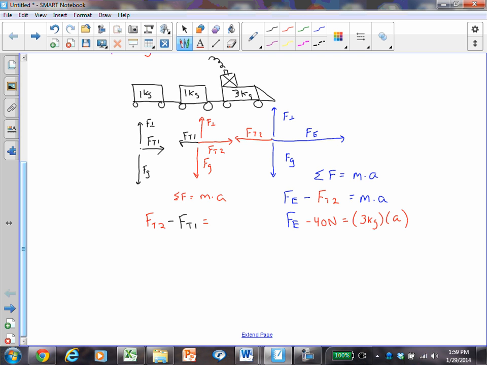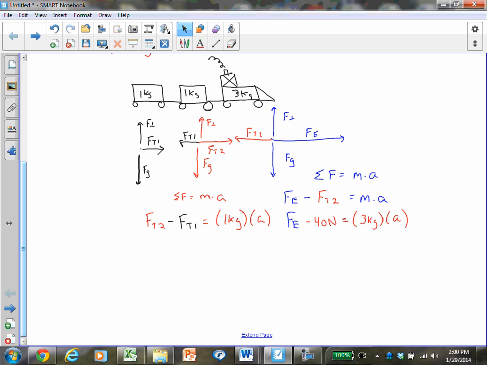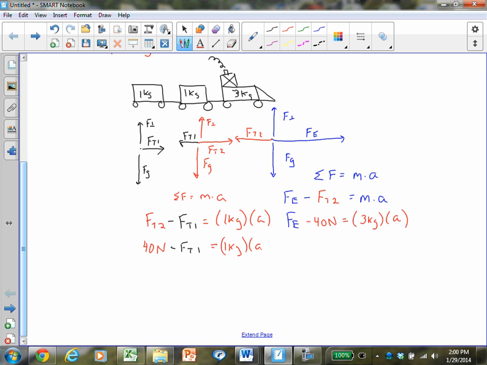It's a mass of 1 kilogram times A. Now from that, we know that FT2 is 40 newtons. We don't know what FT1 is. We have 3 unknowns and 2 equations.